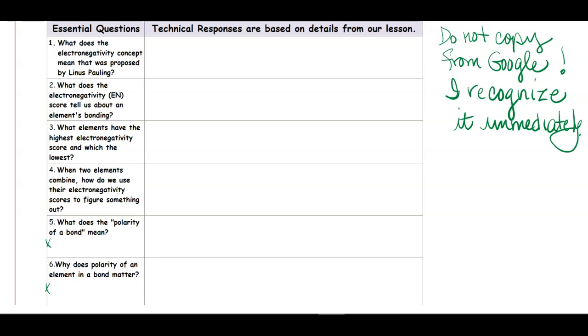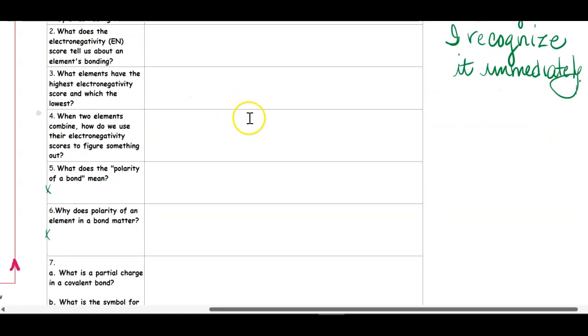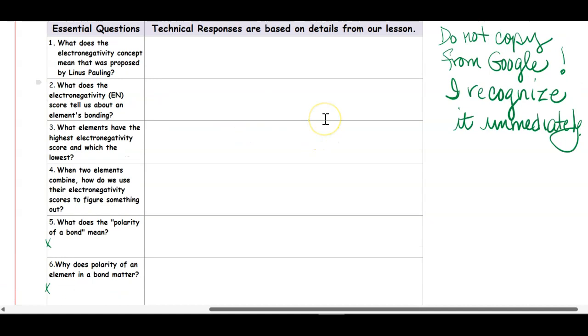All right, you get it? I don't want you copying anything. I want you constructing an answer based on what you have learned in this lesson. All right. Now, these lessons are now about the same size, and I want you to answer these. So keep working on them. I wish you the very best. Go.